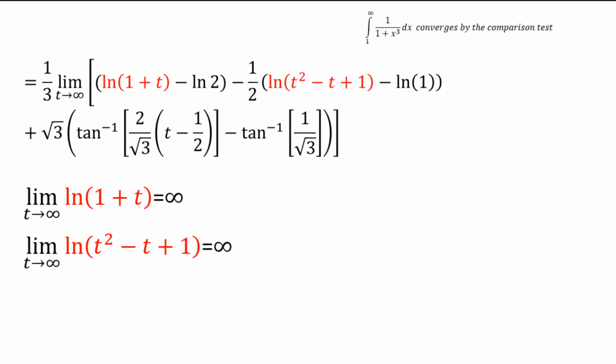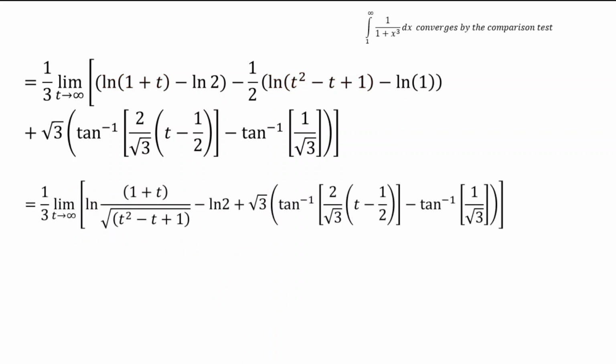And as we know from Calc 1, infinity minus infinity is an indeterminate form. So it's not enough to say that one term goes off to infinity so the whole integral is divergent. I've got to be very careful about my indeterminate forms, and in this case, I have an infinity minus infinity.